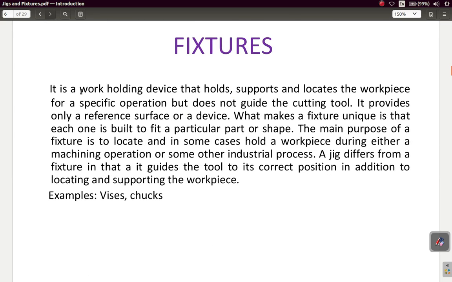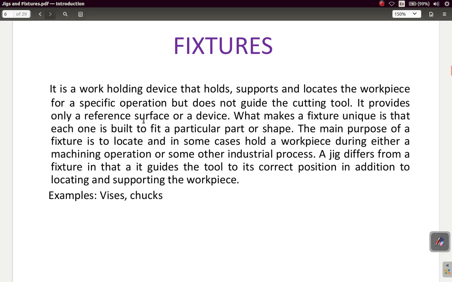Fixtures. A fixture is a work holding device that holds, supports, and locates the workpiece for a specific operation but does not guide the cutting tool. So it is fixed. It's a fixture. It does not move or guide the cutting tool. You just hold it in place.